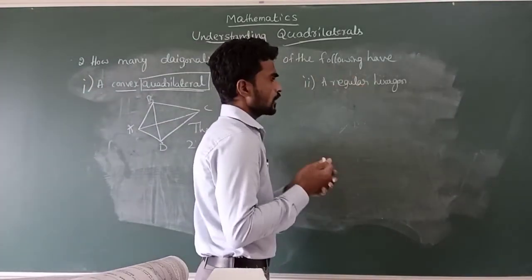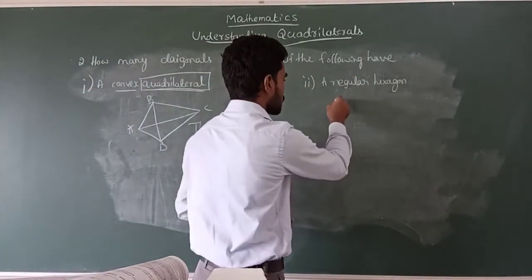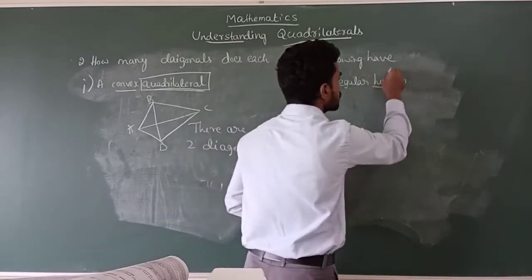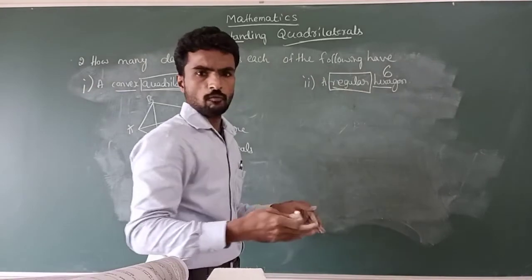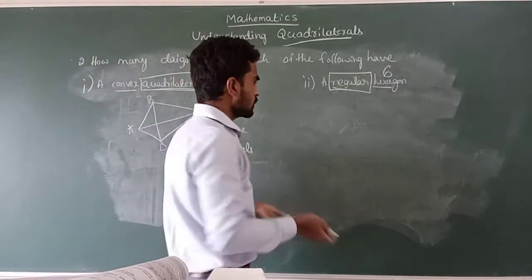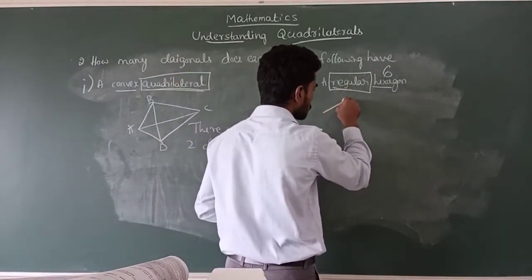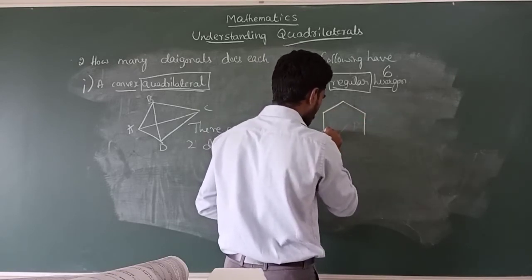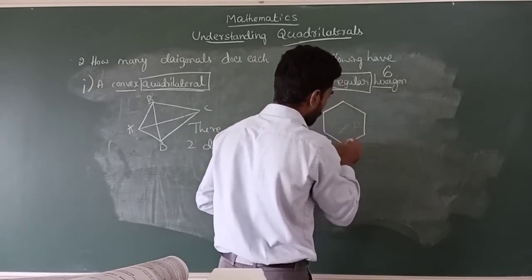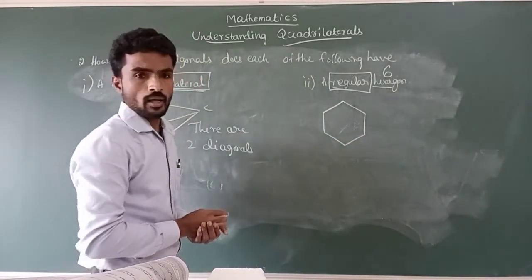Next move on to regular hexagon. Hexagon means hexa means 6. Regular means all sides are equal and also all angles are equal. This is a regular hexagon.